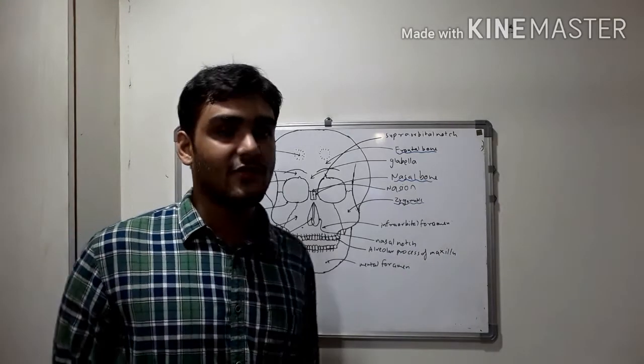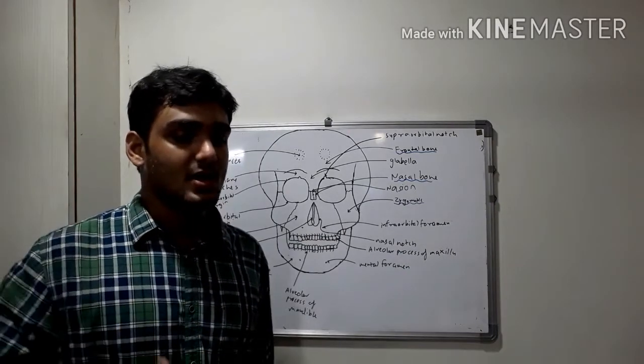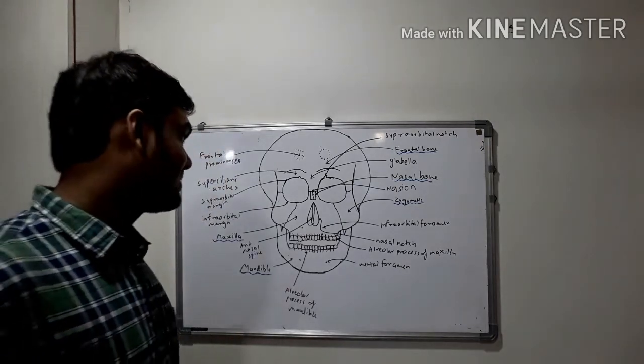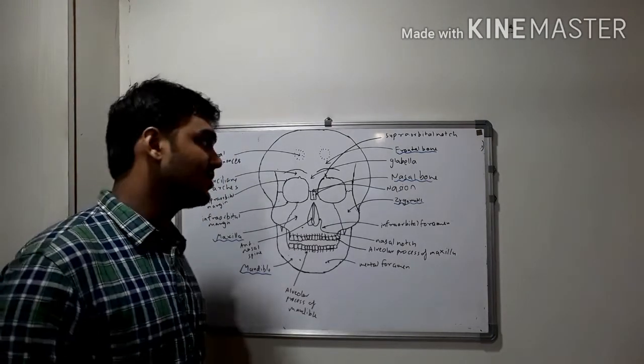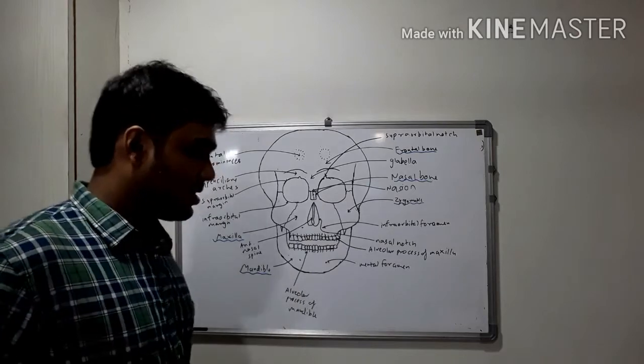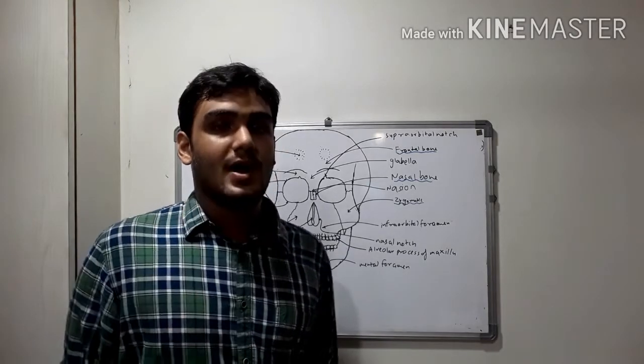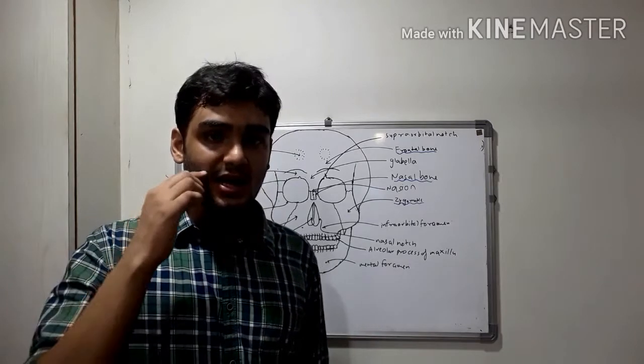Now coming to the muscles of mouth. Firstly, the easiest to remember muscle, the zygomatic muscles. So the name itself suggests that two zygomaticus muscles originate from the zygomatic bone. And now zygomaticus minor is inserted at the upper lip, and zygomaticus major is at the angle of mouth.